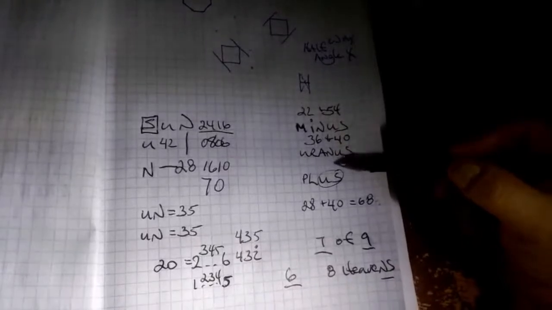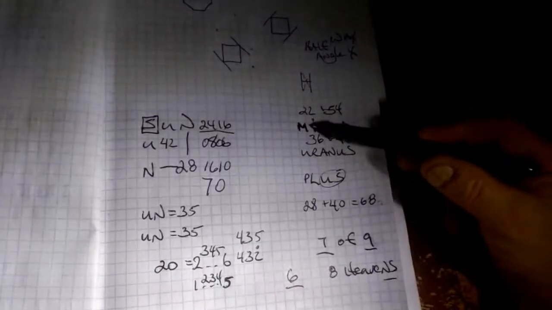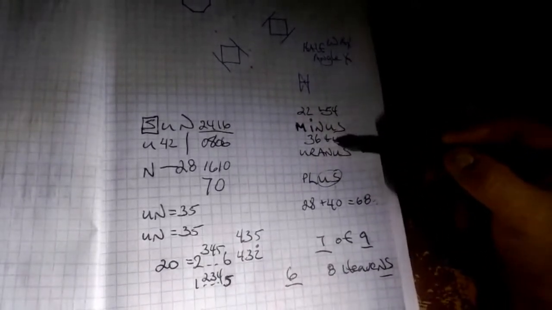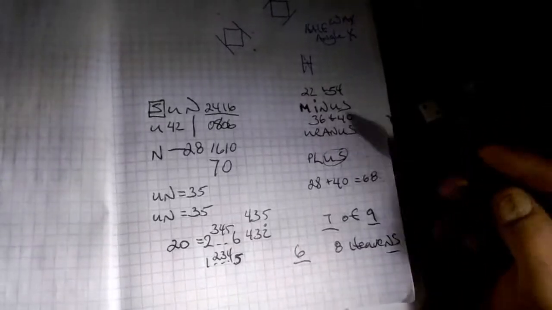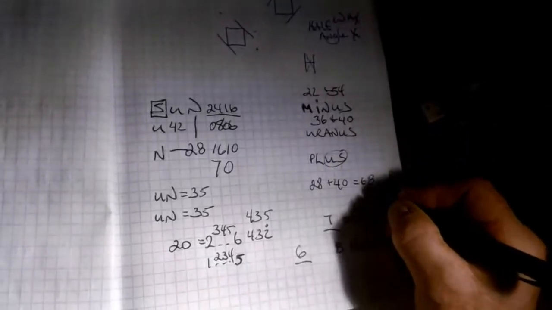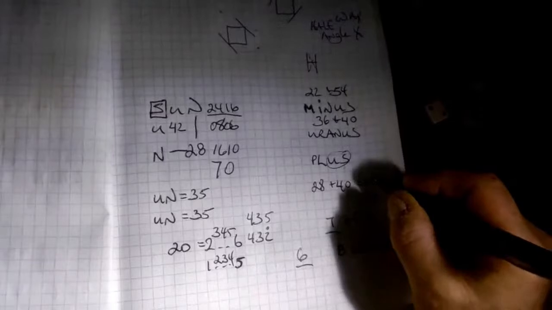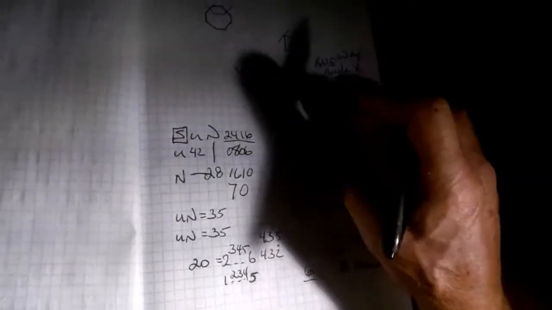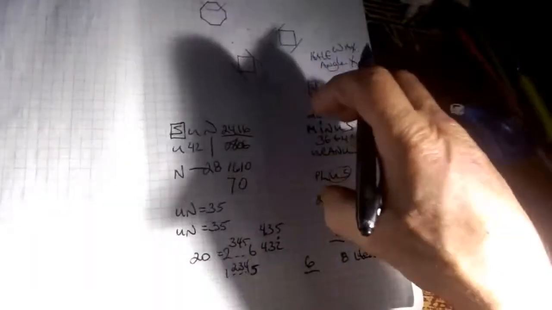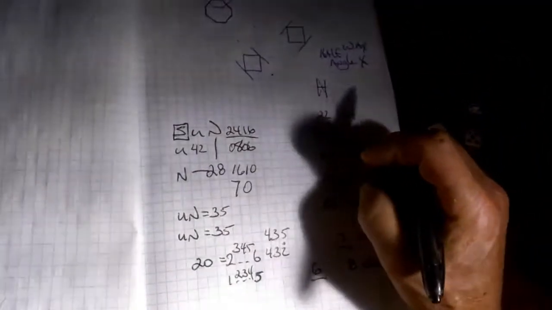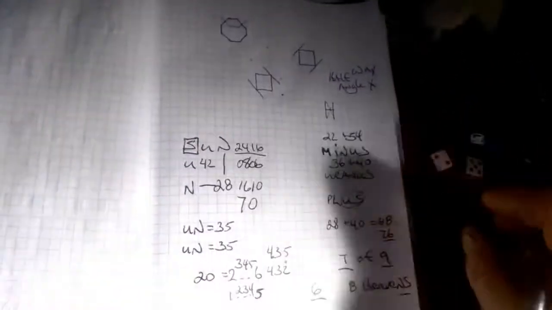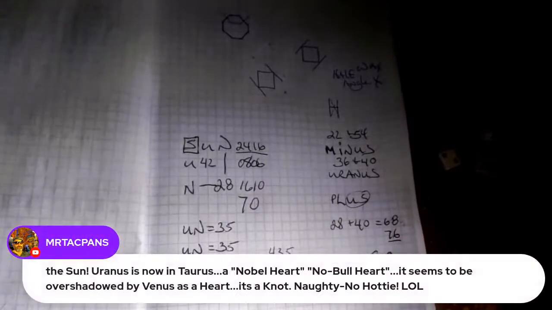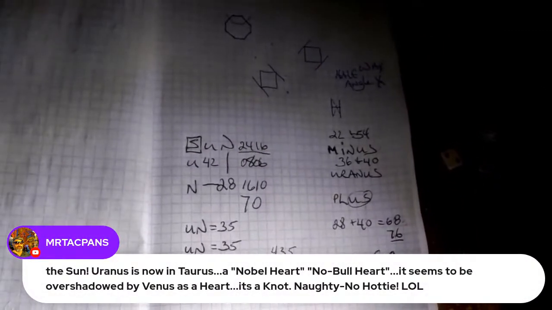And the PL and the MIN equals 36 plus 40 is 76. So it becomes 68 and 76. This is the divided house. This is the cycle to the blue planet. Why did I bring this up? Because there's 3 other planets like Uranus that I saw in here. That's why I brought it up.